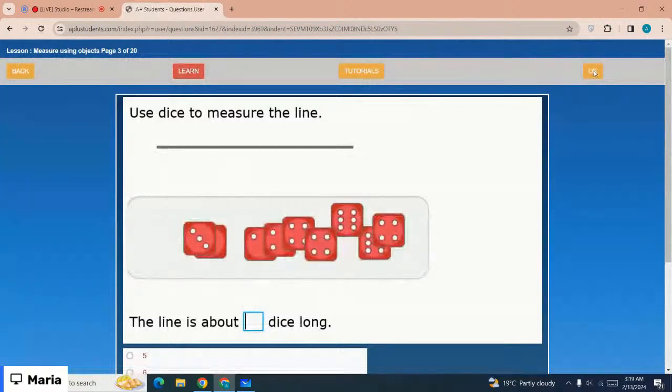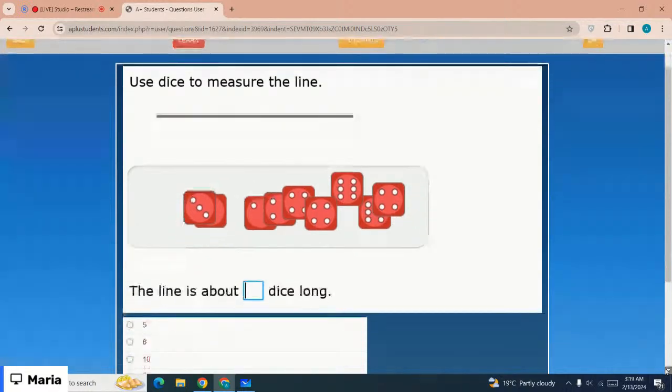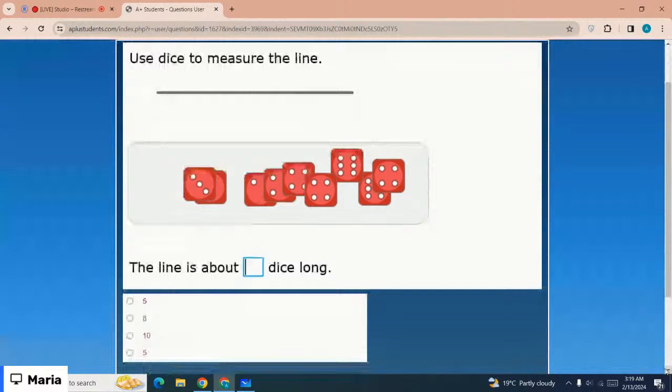Use dice to measure the line. So how long is the line? I think that line is 10 dice long, right? You have to keep the dice starting from the left side and you have to keep them side by side, no overlaps.